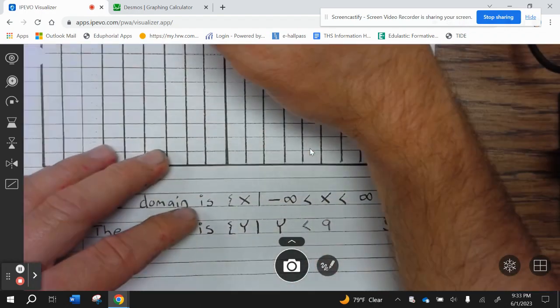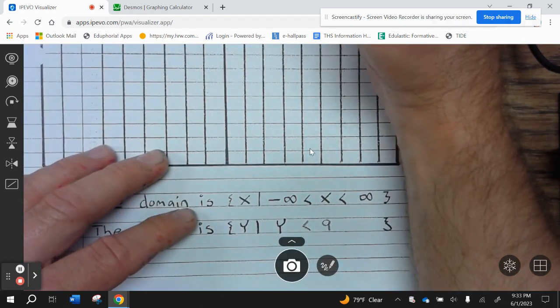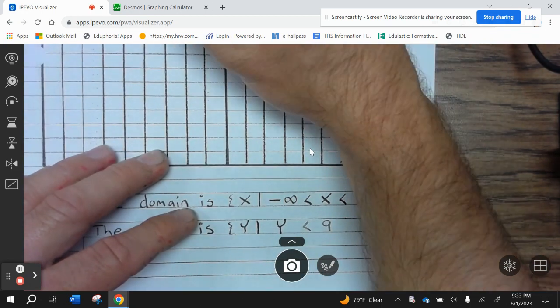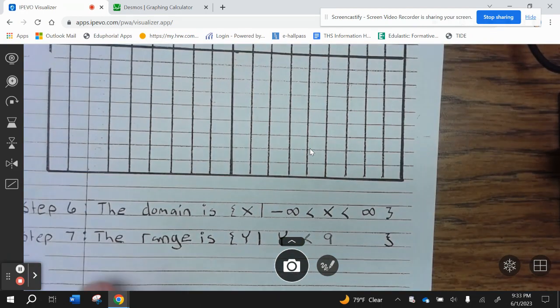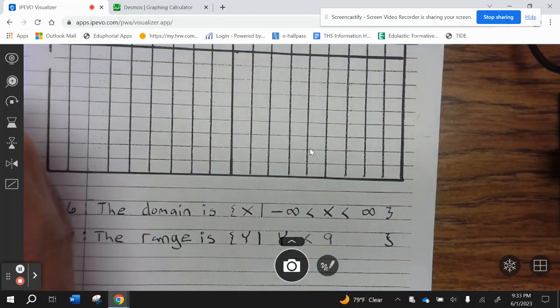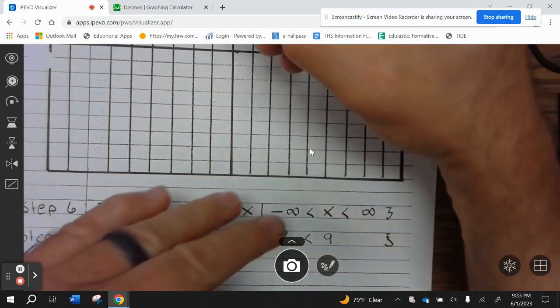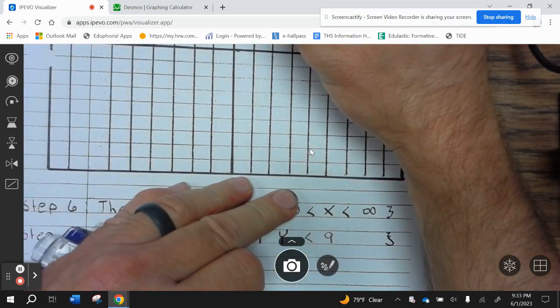Okay, so negative 2, comma, 1. Okay, so our asymptote is at positive 9. So 1, 2, 3, 4, 5, 6, 7, 8, 9.